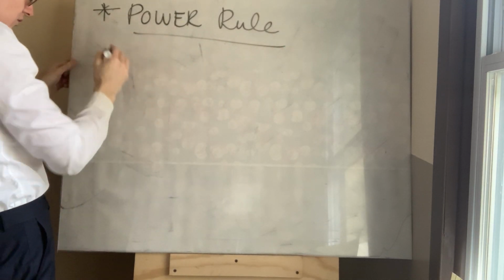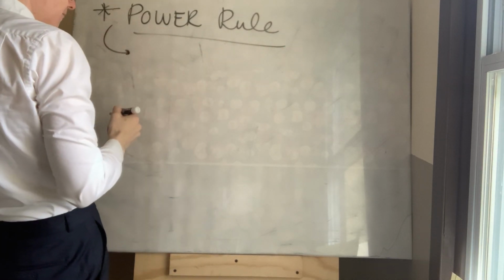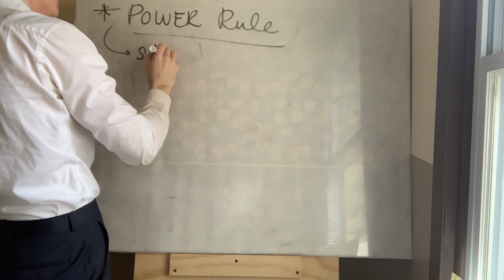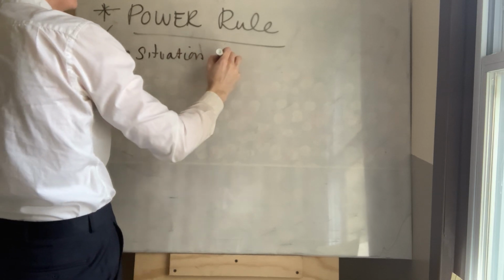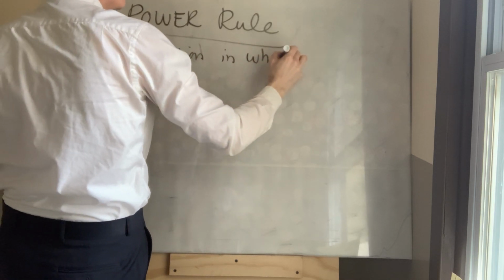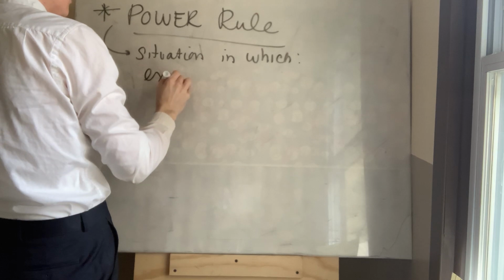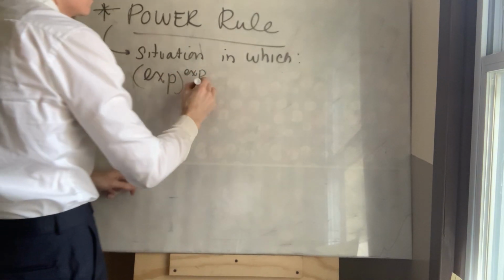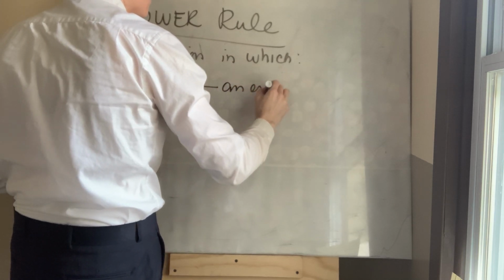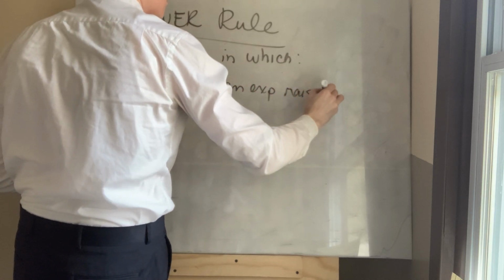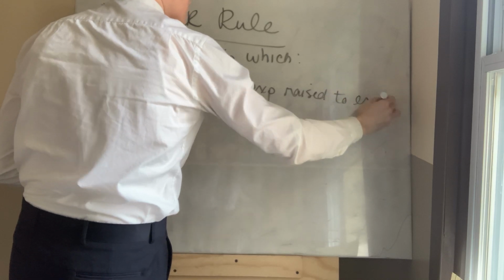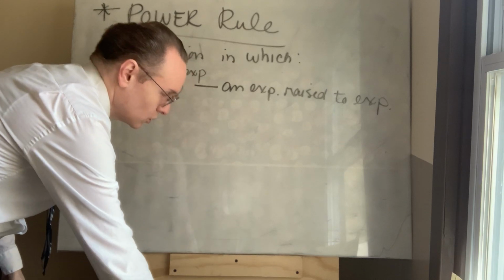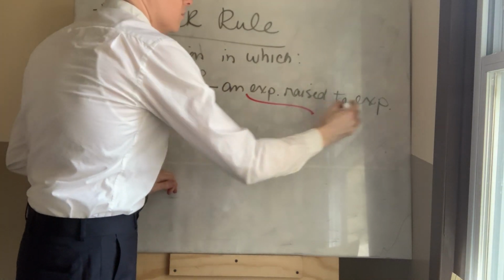For exponents, of course, the power rule is you have a situation in which it is an exponent raised to an exponent, and in which case, what you do is you multiply these.